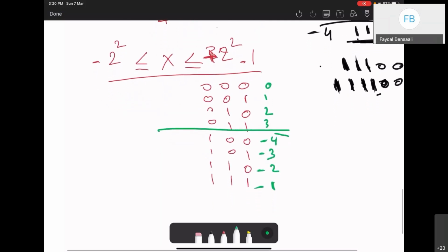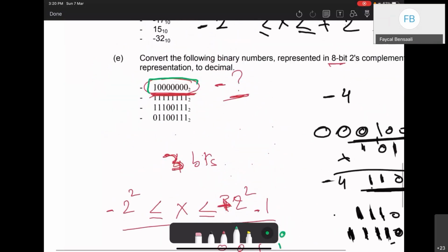Do you see the minus 4? Minus 4 in 3 bits is like the 4 in 3 bits, right? So this is the limit. It is the same code that we use for 4 if we work with positive values. So this is the same case here.